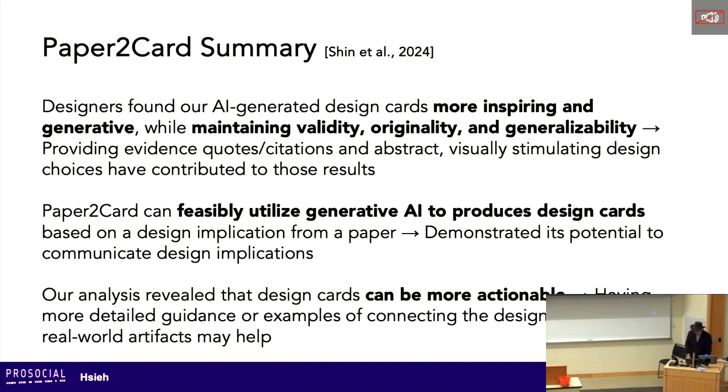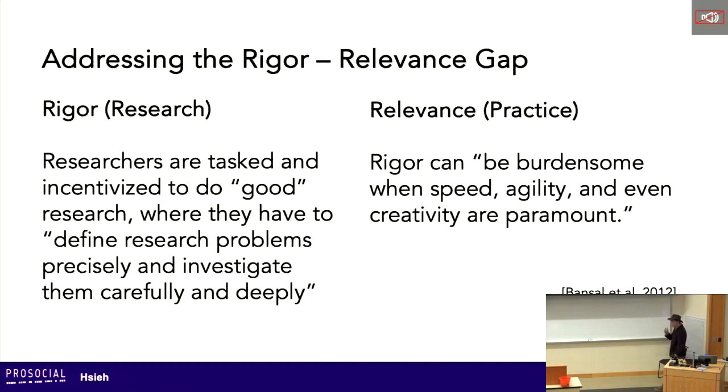And one of the things underlying the research-practice gap is the problem of the rigor and relevance divide. The argument has always been that this gap exists because researchers focus on rigor in their work. They're trying to demonstrate validity with a specific population, a strong effect size, significance, and so on.